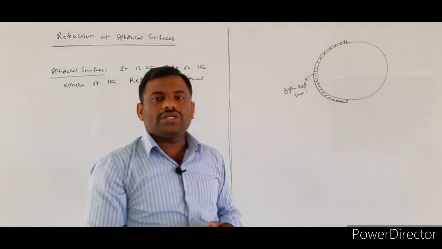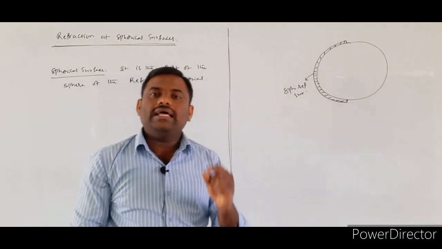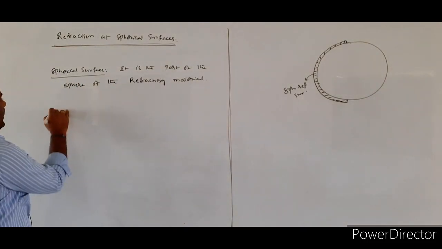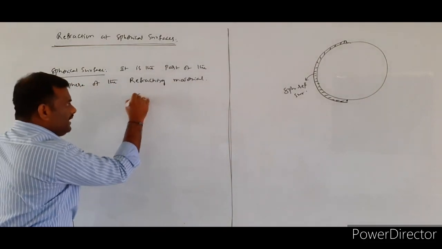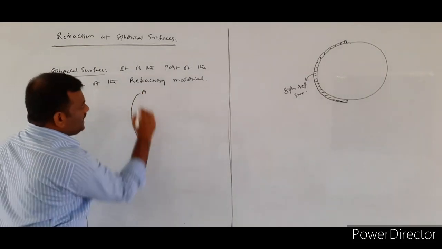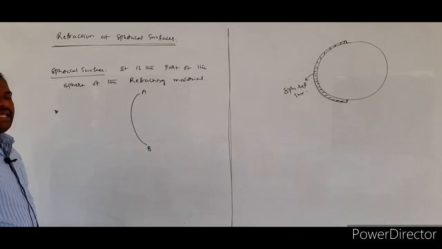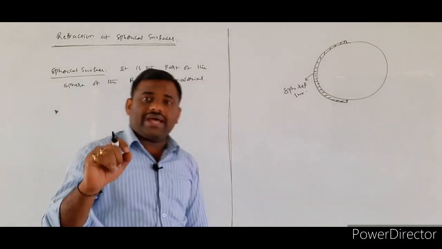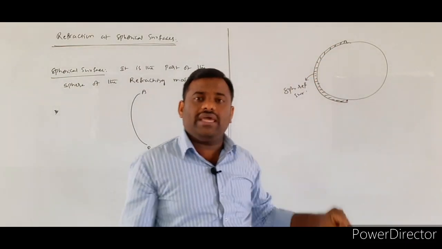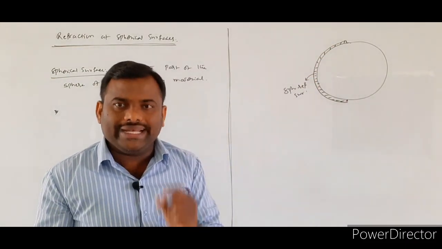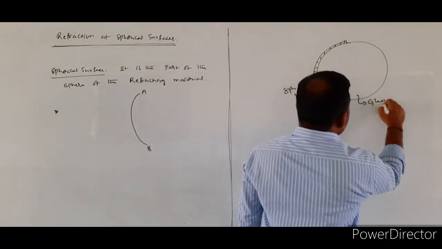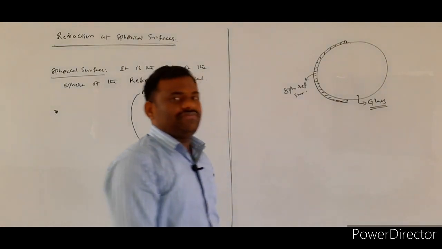In general, the spherical refracting surface will be represented like this. Let AB be the spherical refracting surface, taken from the sphere of refracting material. For understanding purposes, here I am assuming that the spherical surface is nothing but a glass refracting surface.